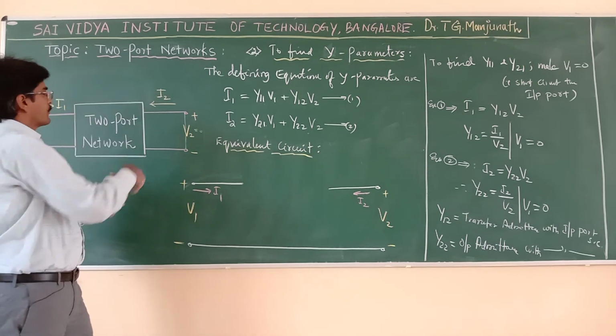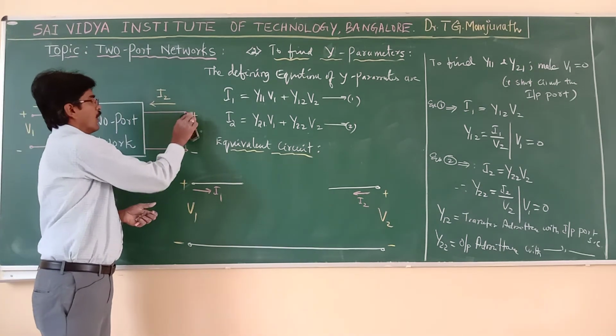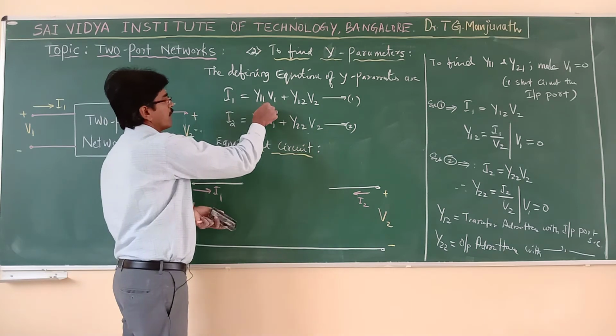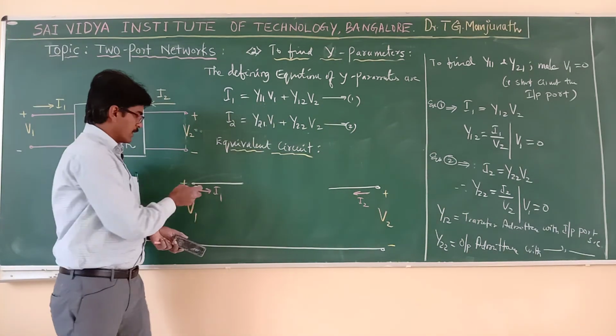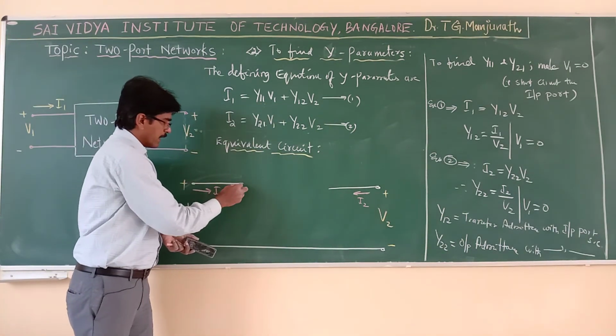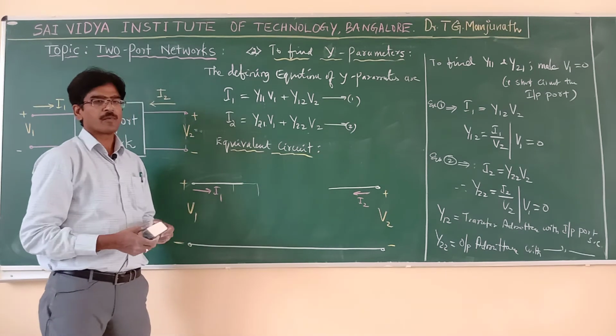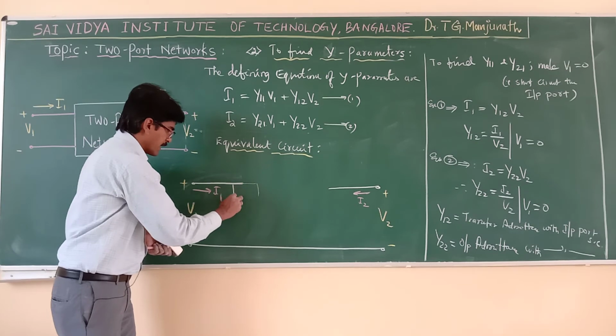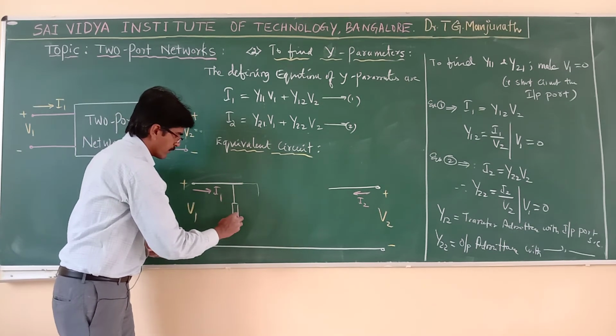Like this. Now what is I1? I1 is nothing but Y11 V1 plus Y12 V2. This I1 is dividing here into two parts. So first is Y11 V1.